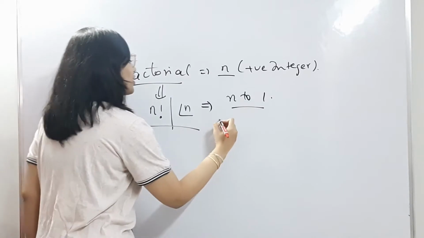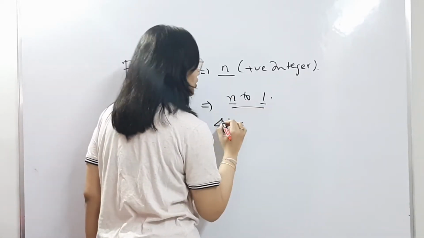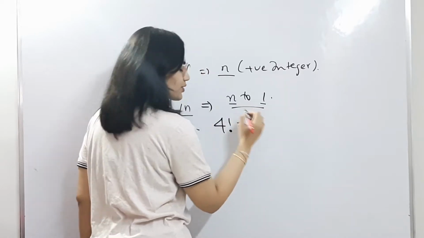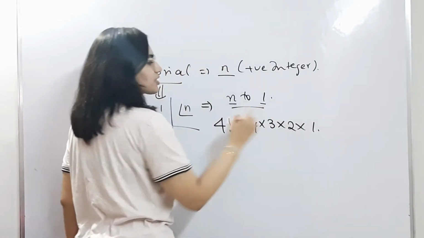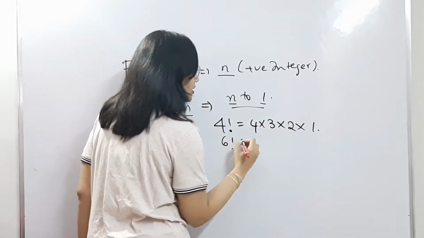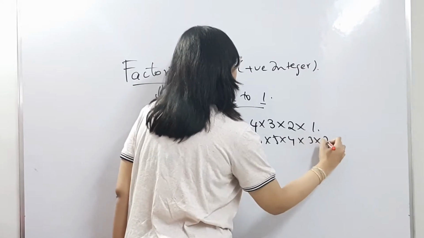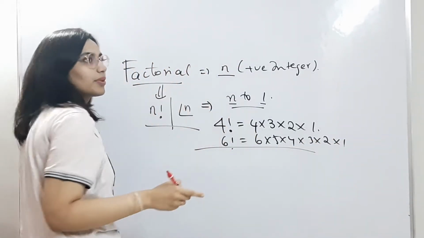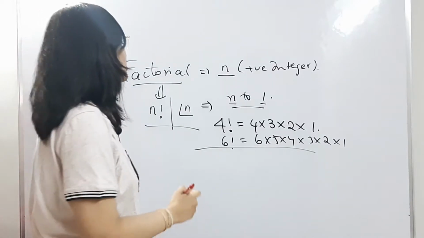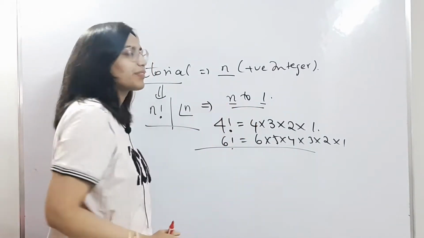What is 4 factorial? It is 4 into 3 into 2 into 1. 6 factorial in the same way is 6 into 5 into 4 into 3 into 2 into 1. Factorial of any positive integer is a product of the positive integers from n to 1.